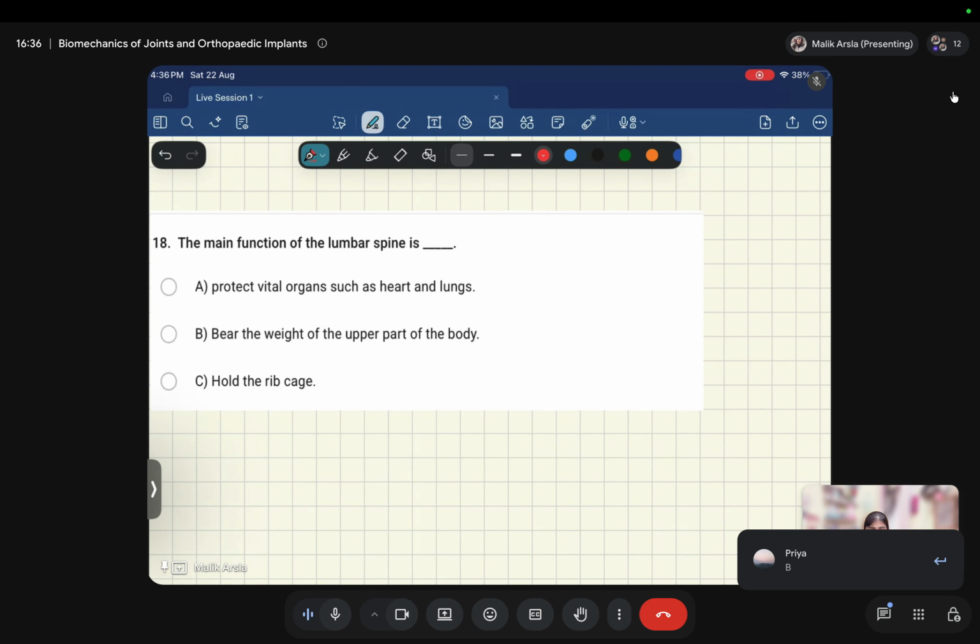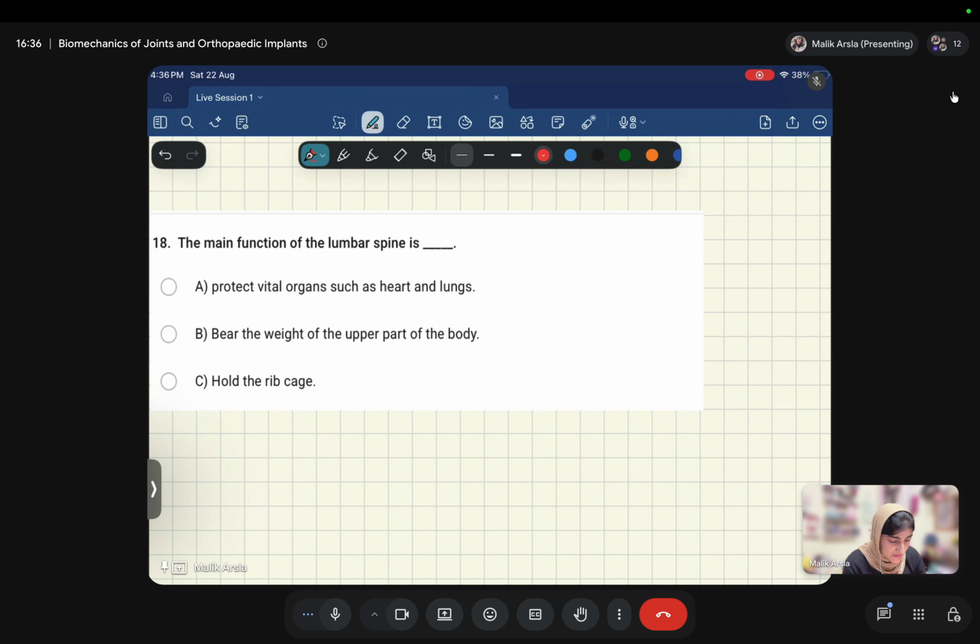As most of you mentioned, the lumbar spine, typically from L1 to L5, supports a large fraction of the upper body, and because of that they bear the weight of the upper body.